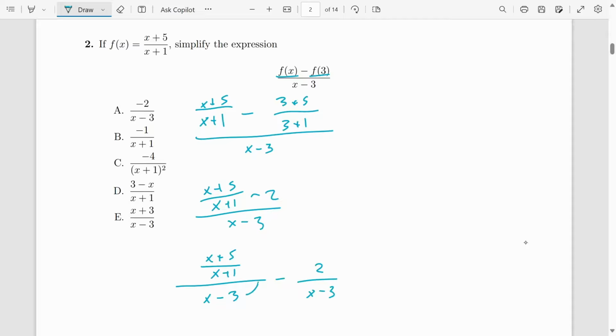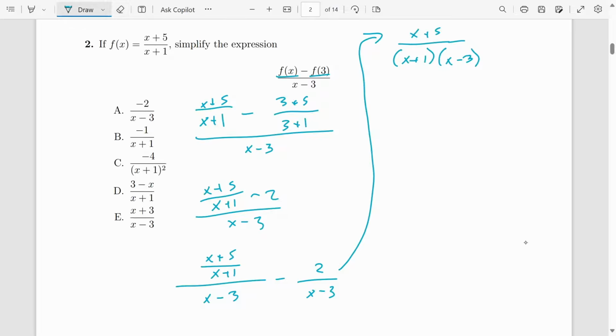On the left side here, we can move that x minus 3 into the denominator of the numerator. So let's rewrite that as, put it all the way up there, x plus 5 over x plus 1 times x minus 3. And now on the right, well, we probably want a common denominator.